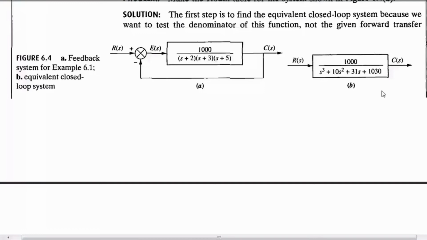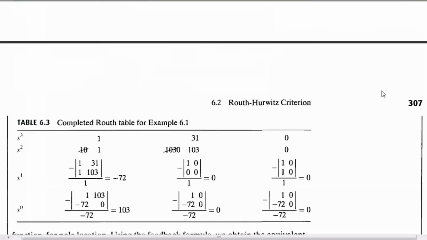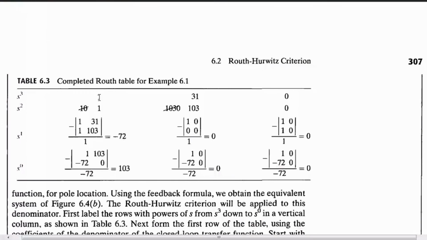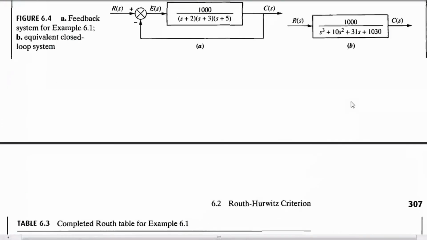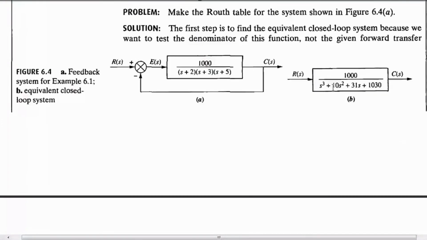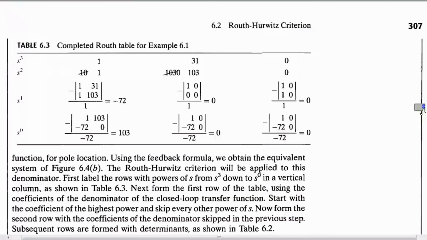In this question, we even know that there is no zero. So we have these values 1, 31 and 0, and then in the next row it will be 10, 1030 and 0.